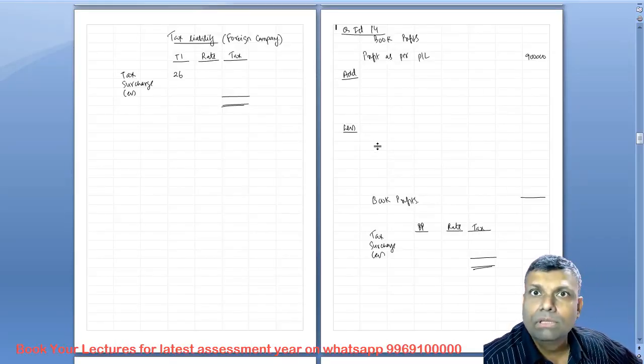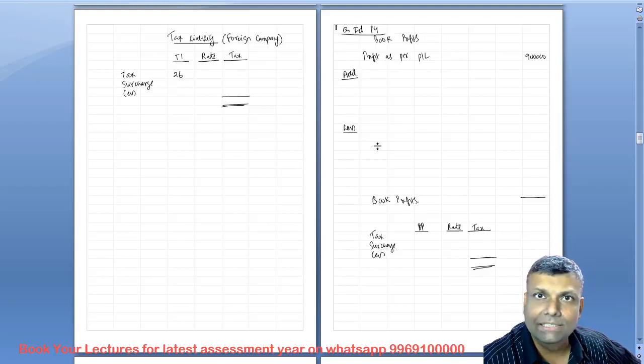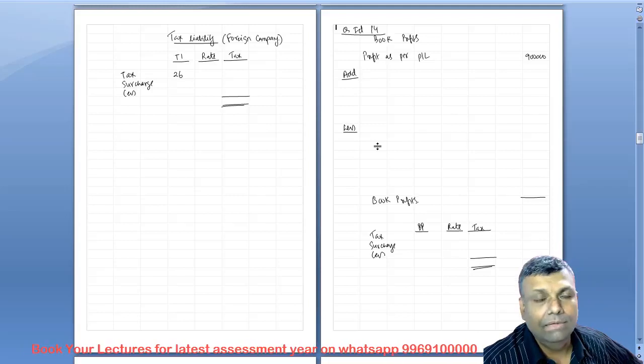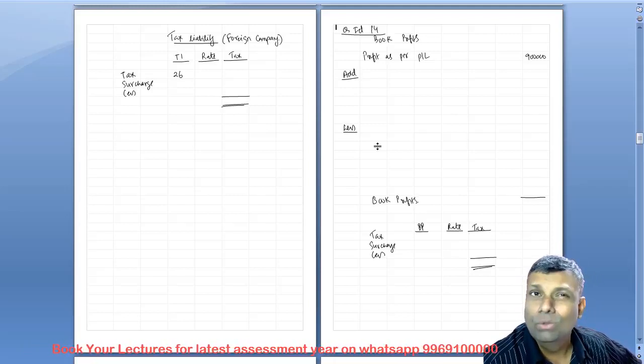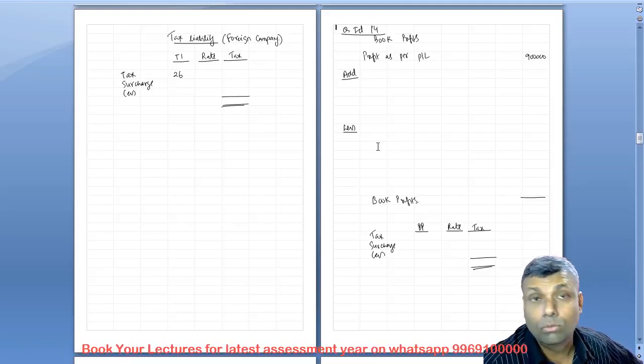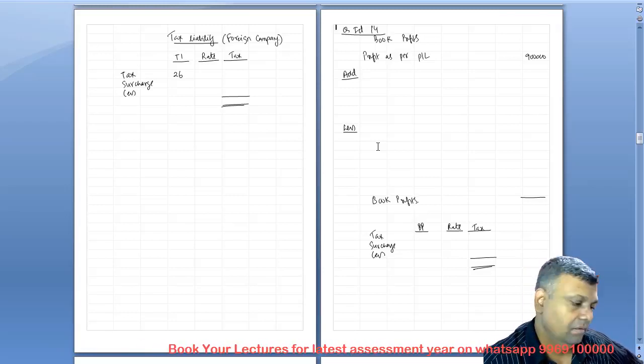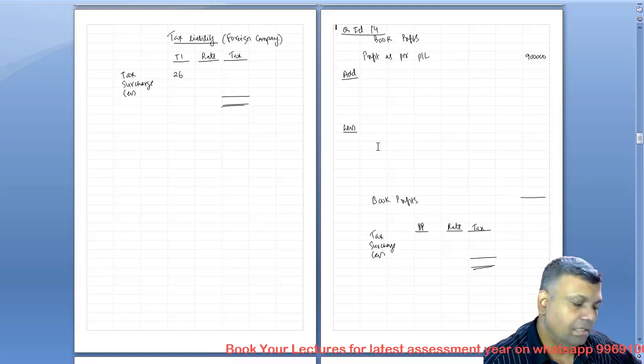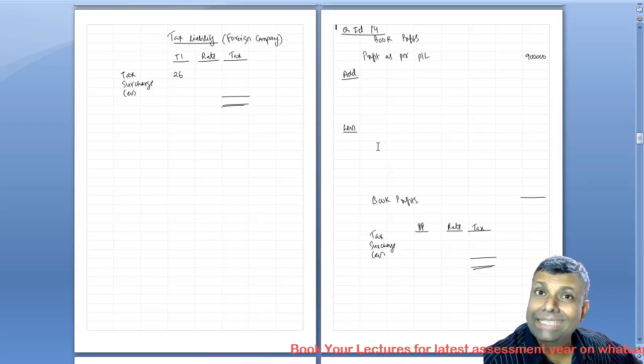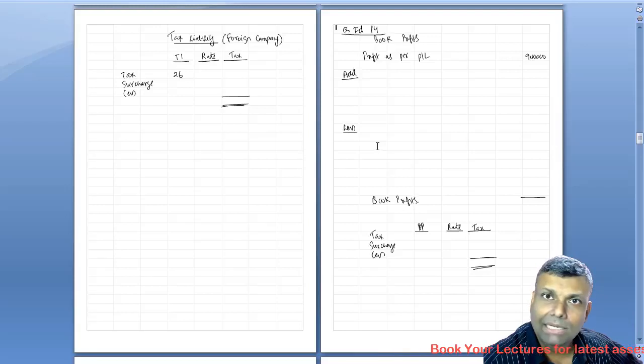I start my answer with the book profits, which is printed in the question. Then I do some add, less adjustments. The spacing I might have to adjust because I'm not very sure, but I know after reading the question that there are not many book profit adjustments here. Then I'll get the book profits. Some people also call it adjusted book profits, and then I'll have my rate table and my tax liability calculations.